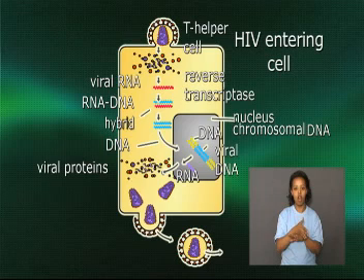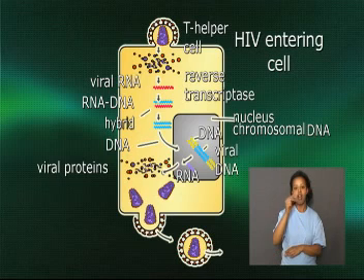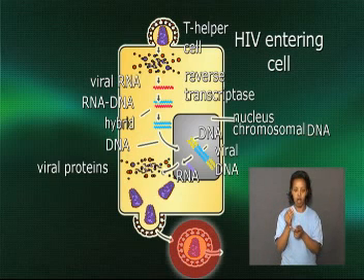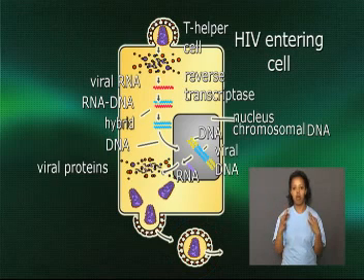The viral DNA is also transcribed to viral RNA. The viral RNA produces viral proteins, including the enzyme reverse transcriptase. Next, the RNA, proteins, and reverse transcriptase molecules are assembled by the cell into new HIV particles that leave the cell by budding from the cell membrane.